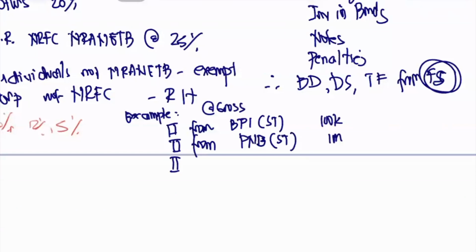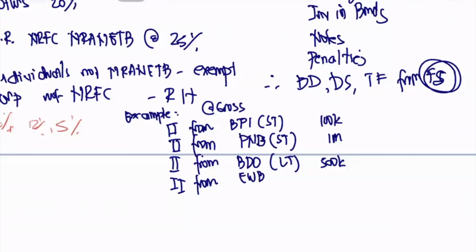Interest income from BDO, this is long term, 500,000. And then interest income from, let's say, East West Bank, then this is 2 million. The asterisk means that that is a translated amount.